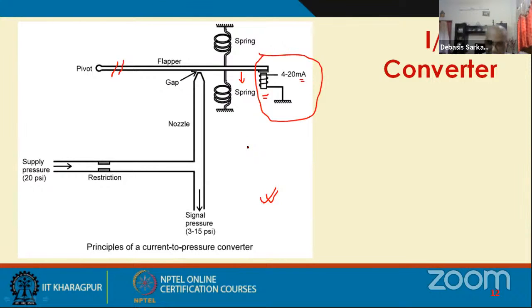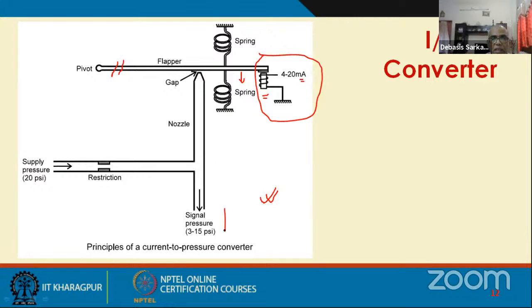So the higher the strength of the magnetic field, the more the flapper will be pulled towards the nozzle. The less the strength of the magnetic field, the gap between the flapper and nozzle will be more. So by varying the current in the range of 4 to 20 milliampere, you can vary the magnetic field, and you can thereby maintain a variable gap between the flapper and the nozzle.